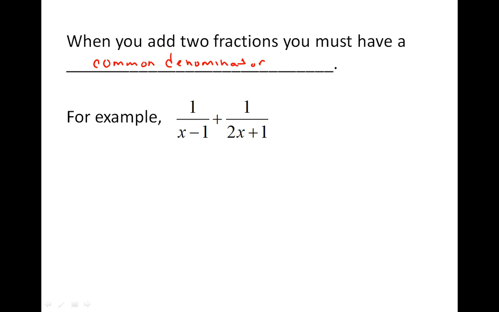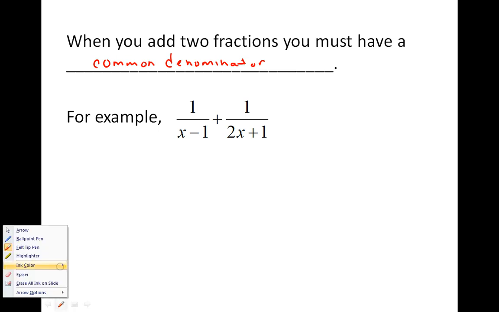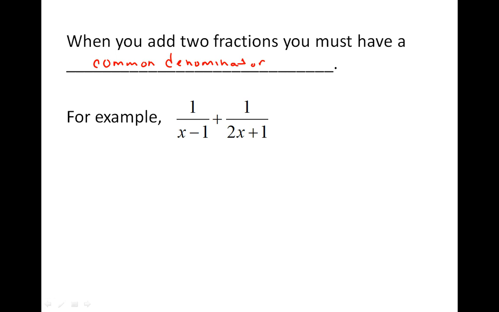So for example, if we were adding these two rational expressions together, I would have to get a least common denominator. And so what I would do is my least common denominator would be x minus 1 times 2x plus 1.